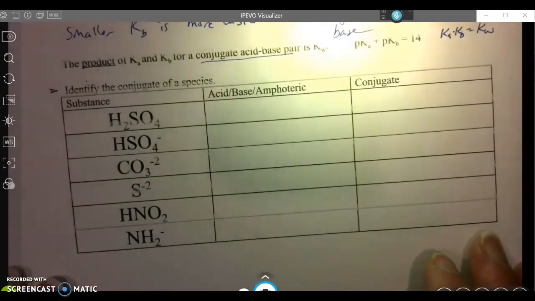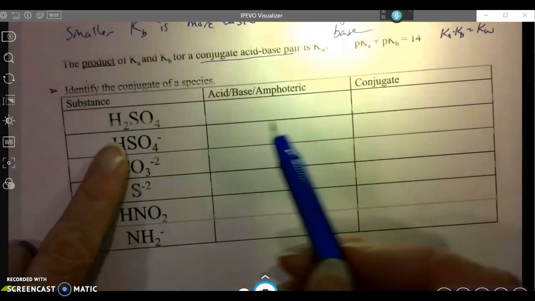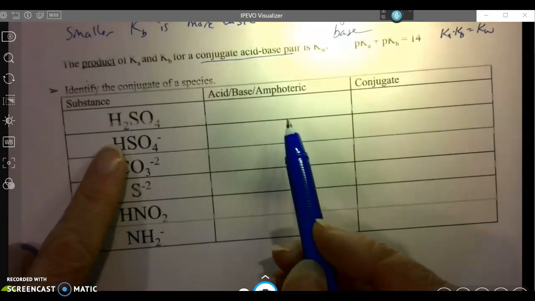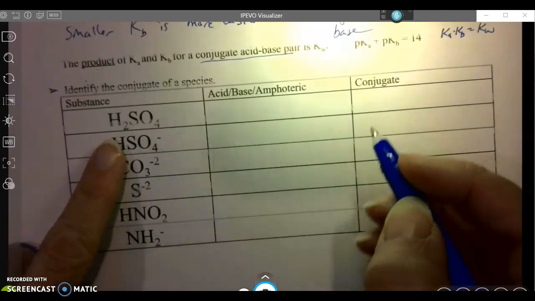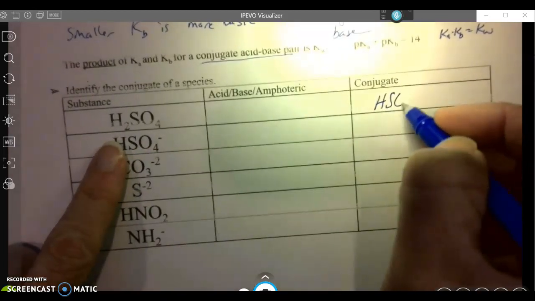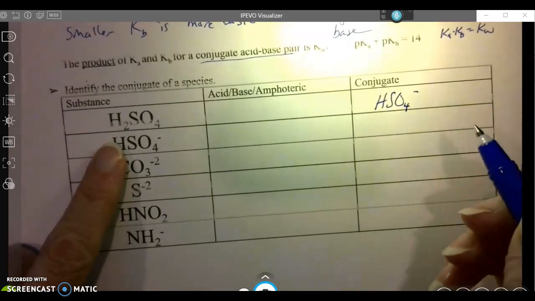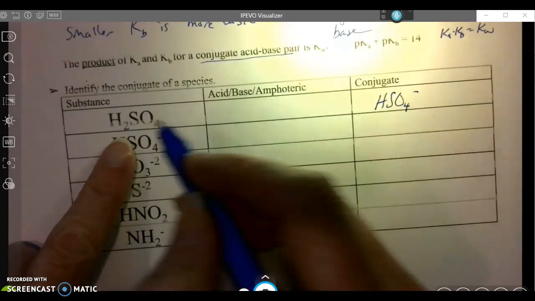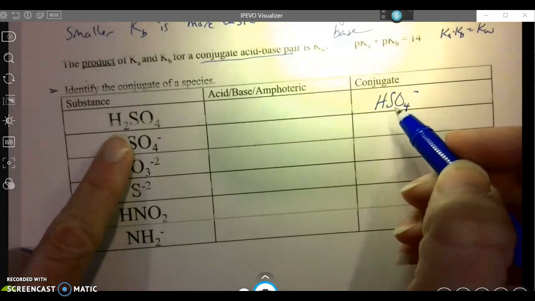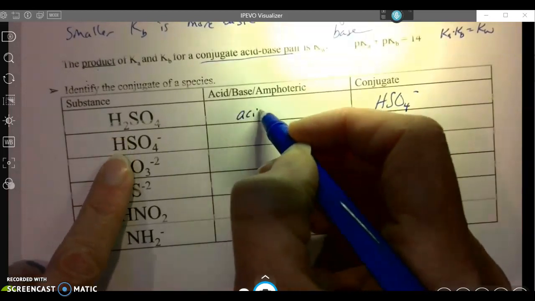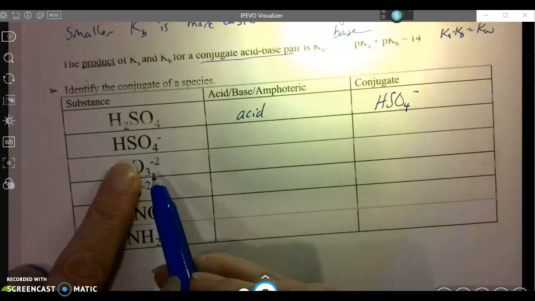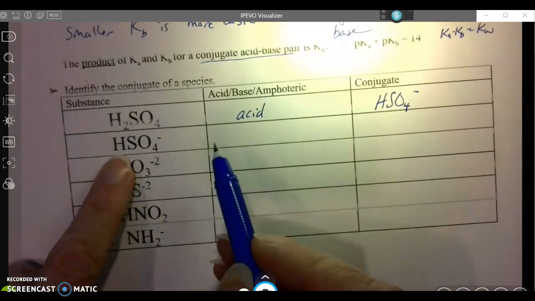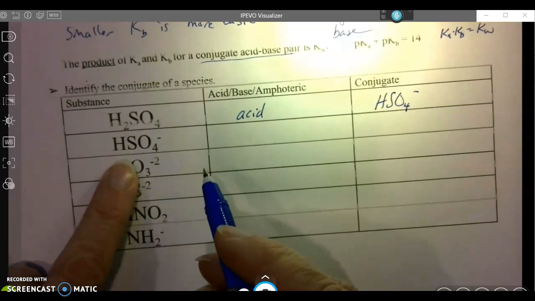All right, and then this idea of acid-base conjugates. If we take 1 hydrogen off of this one, we're going to have HSO4 negative. Because it's losing a hydrogen, it's acting as an acid. If we have HSO4 negative, we actually have an option. I can add the H back on, or I can take one off.